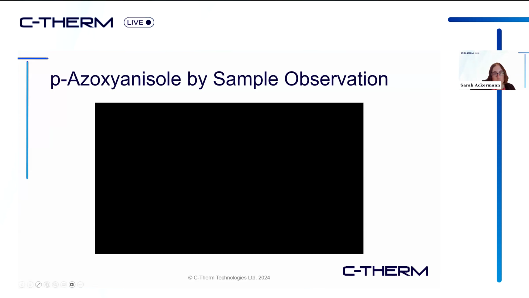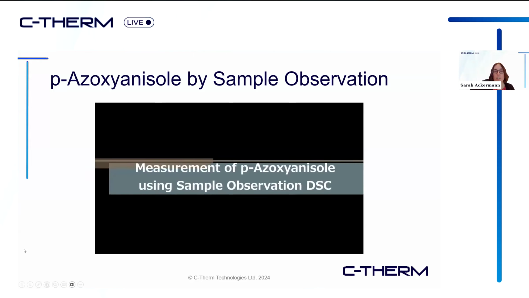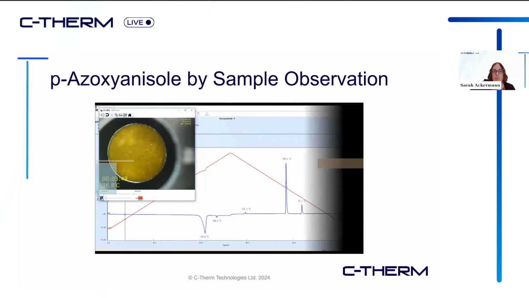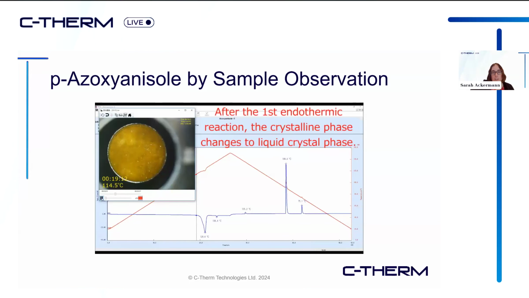So at this point, I'm going to share the video, which means I need to get rid of my laser pointer. And we'll just watch together on this video of the sample observation. You can see as it goes through, we're going to have the melt, or rather the conversion to the liquid crystalline state and then the melt.